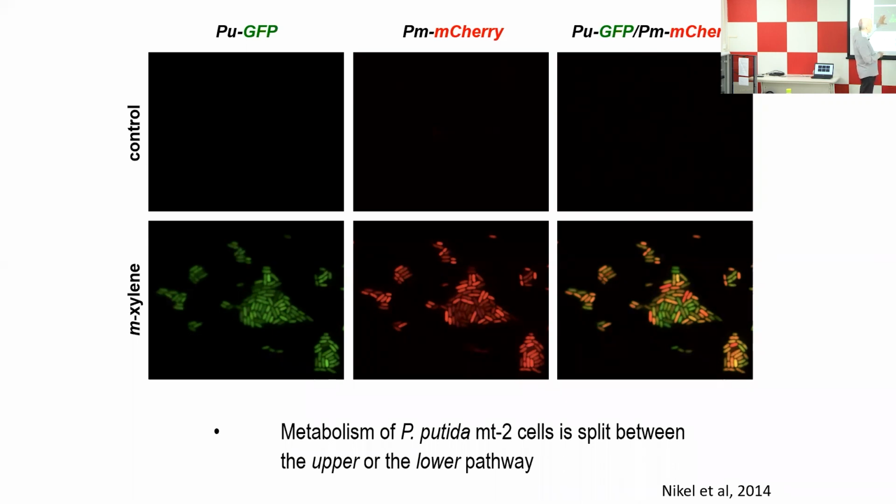Because that means that at any given time, not all cells are doing the same. Some cells are doing metabolically some things, and others are doing metabolically a different thing, okay? So that's something that is quite remarkable, and is also important for metabolic engineering and other types of engineering, because what you have in a population that you believe is clonal, and that every cell is doing the same thing, turns out not to be true.